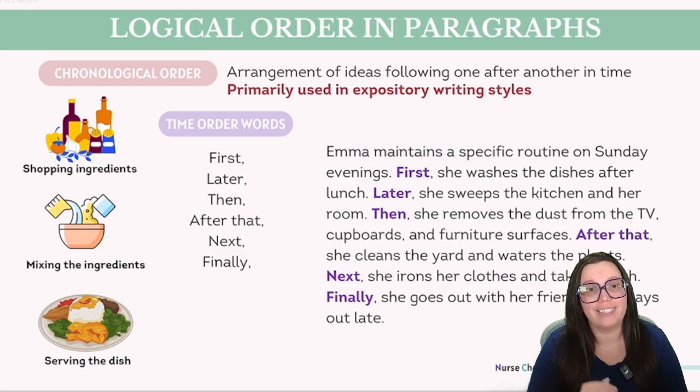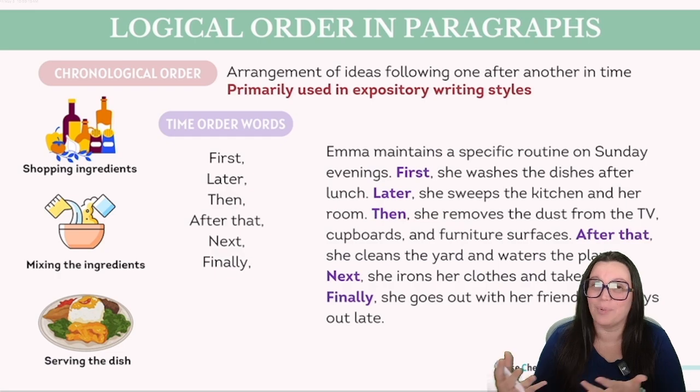Chronological order words are essential for various purposes, including describing history of an event, narrating an experience in a story, explaining how to perform or create something, or outlining the steps in a process. It's important to note that chronological order is predominantly used in expository writing. This is a style where the writer may narrate, describe, and inform as well as explain a process.